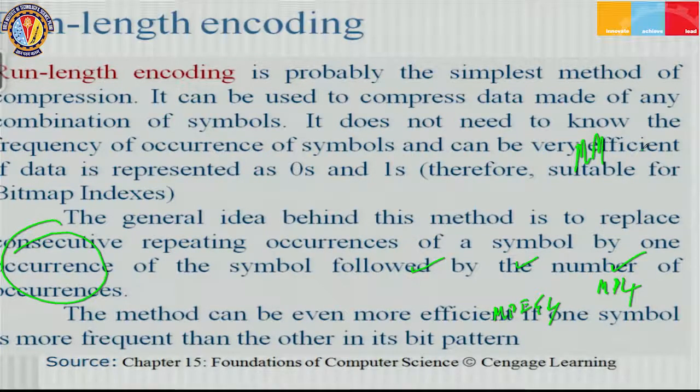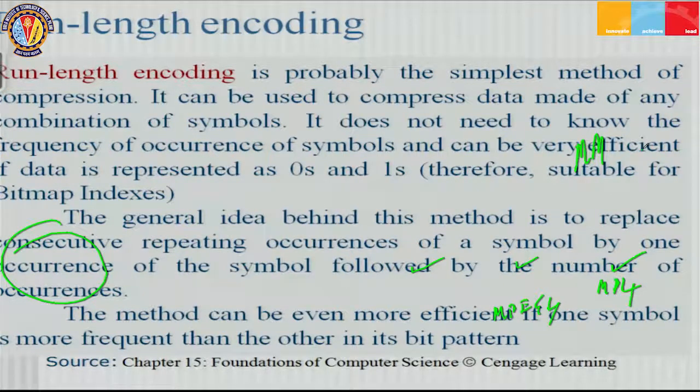So run length encoding, let us focus on that. It is probably the simplest method of compression, and it can be used to compress data made of any combination of symbols. For example, a genome sequence is ACTG, a binary sequence is zeros and ones, or any combination of any kind of symbols.